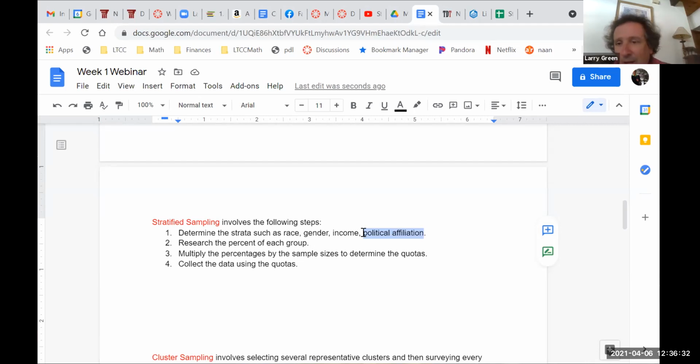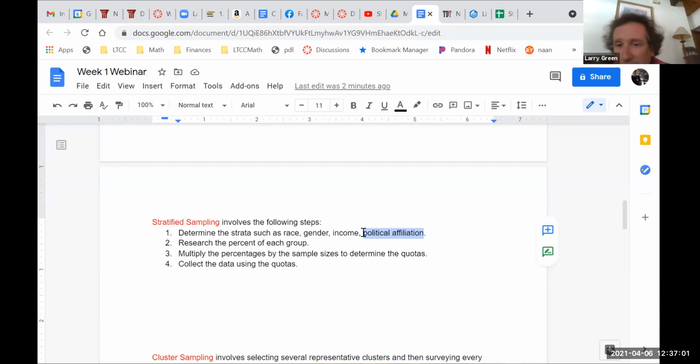There's definitely a lot more. Any thoughts what other strata might be important, besides race, gender, income, and political affiliation?